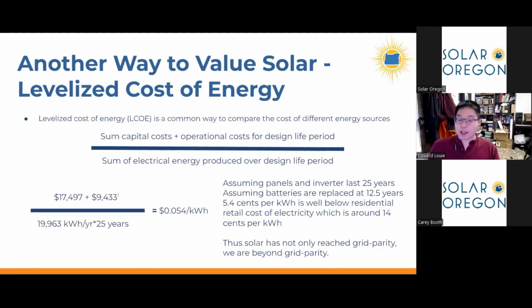I think that Oregon in this scenario is beyond grid parity by a lot already. Even if you were to change some of the numbers around, like adding higher labor costs or higher permit costs, in the end you're going to find a number that's still below 14 cents, because you've got a lot of room to work with. Next slide.